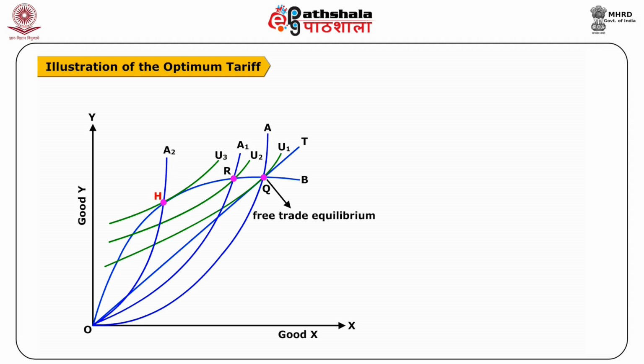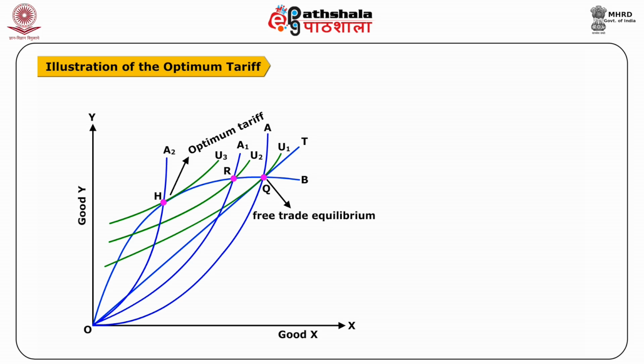At point H, Nation 1 has reached a point of tangency between its highest trade indifference curve U3 and the foreign country's offer curve OB. So, point H is the point of optimum tariff. That is the level at which Nation 1 has achieved its highest level of economic welfare through tariff action.